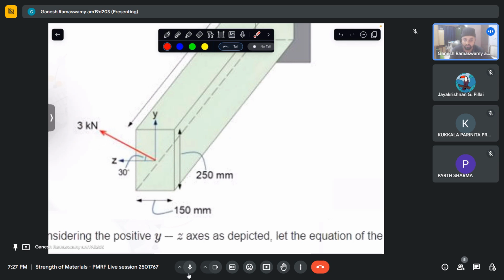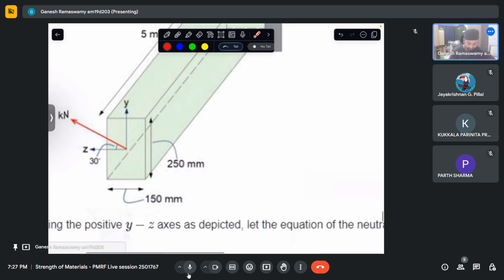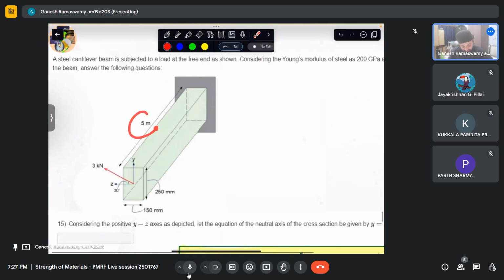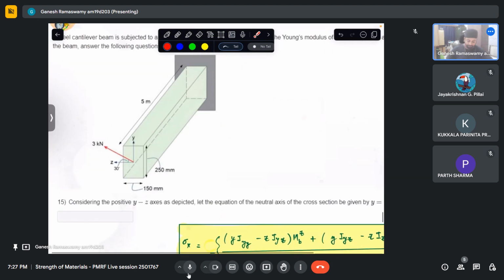The section is 250 by 150 and it's a cantilever beam of length 5 meters. So here, although the section is symmetric, these four quadrants are equal, so the product of inertia IYZ is zero, but it will still have unsymmetrical bending because the loading is not symmetrical in this case.